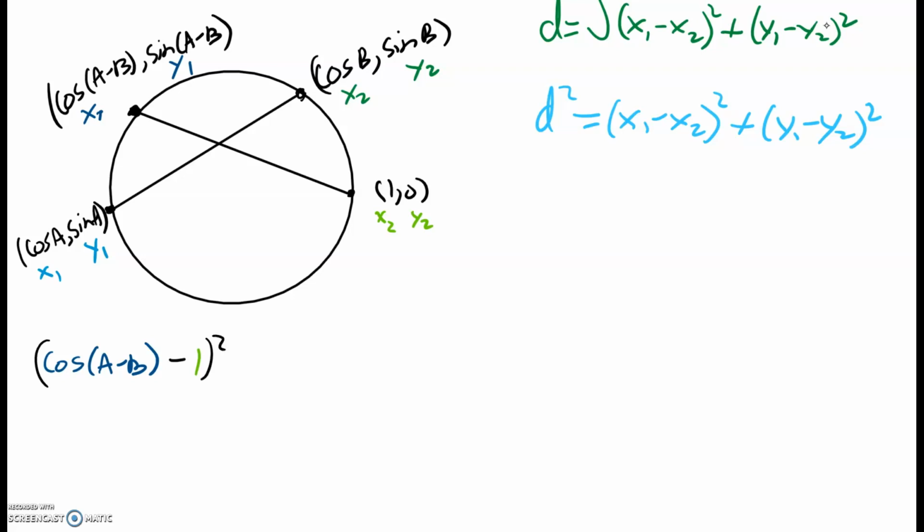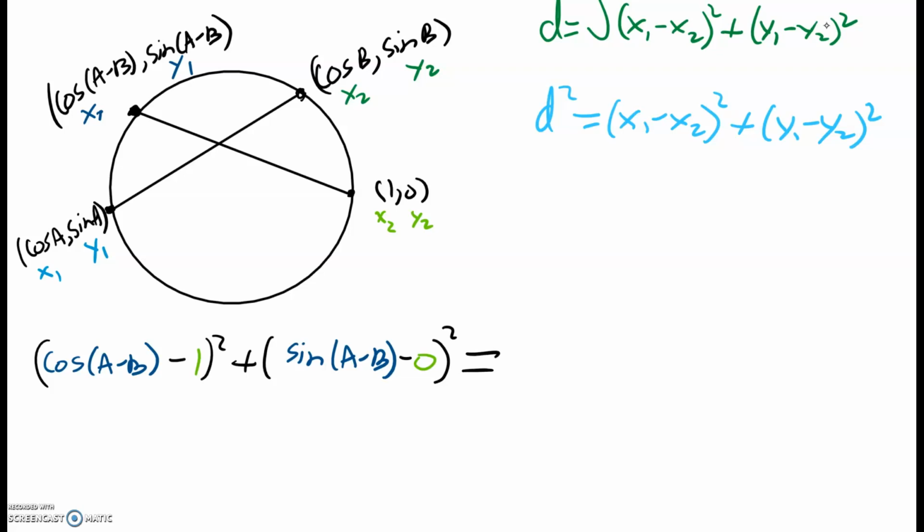And then plus the sine of A minus B, the sine of A minus B, technically minus 0, and all that's going to be squared. Okay, that's going to equal.